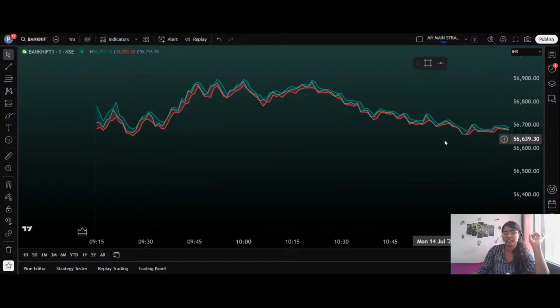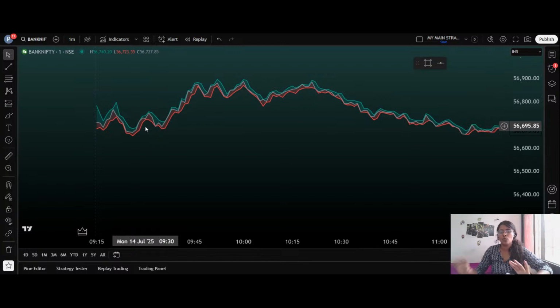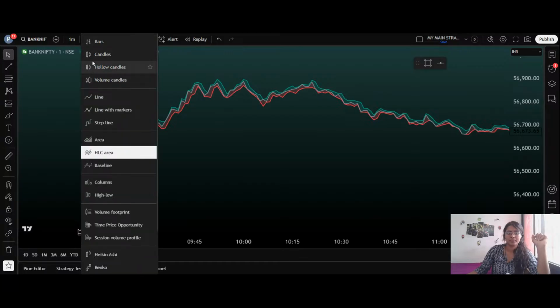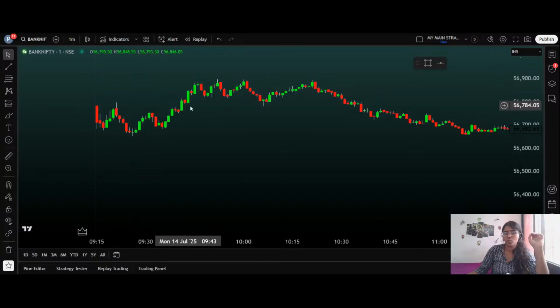This is nothing but the HLC area chart. Now, what is this HLC area chart? HLC means, as the name suggests, H means high, L means low, and C means close. Usually, when we go to the normal candles, we see OHLC, meaning open, high, low, and close.